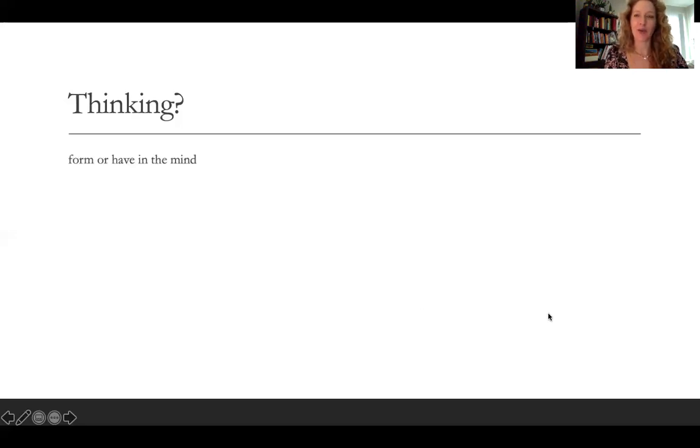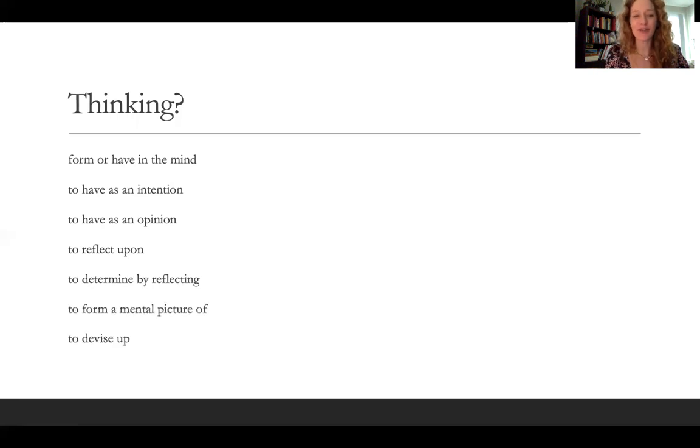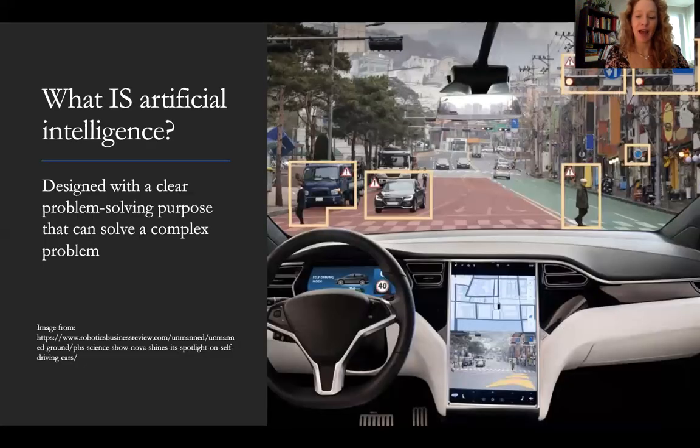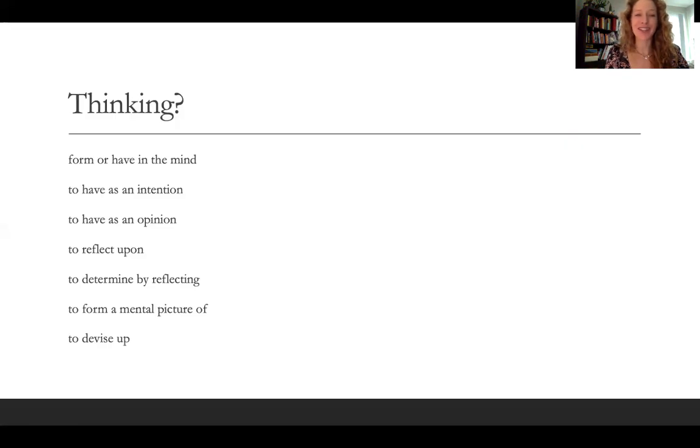So according to the Merriam-Webster Dictionary, thinking is to form or have in the mind. It's to have as an intention, to have as an opinion, to reflect upon, to determine by reflecting, to form a mental picture of, to devise. So as we can see, thinking maybe in some ways is an extremely complex concept that maybe we don't have a totally clear definition of, but it seems very particular to the human mind.